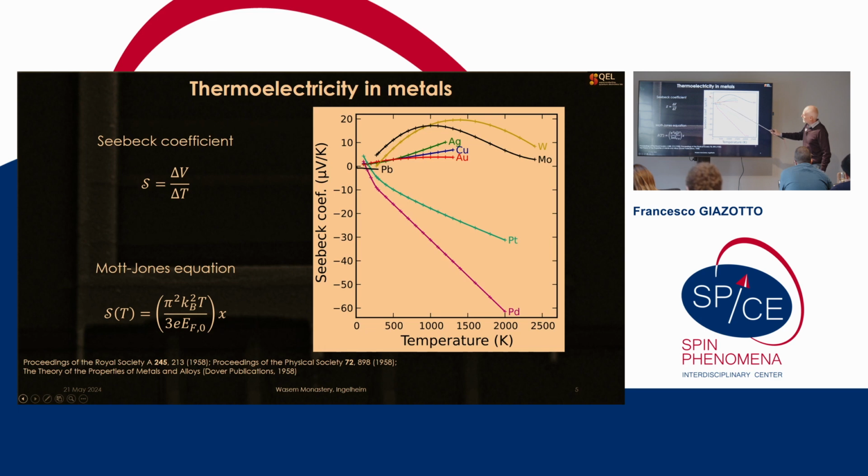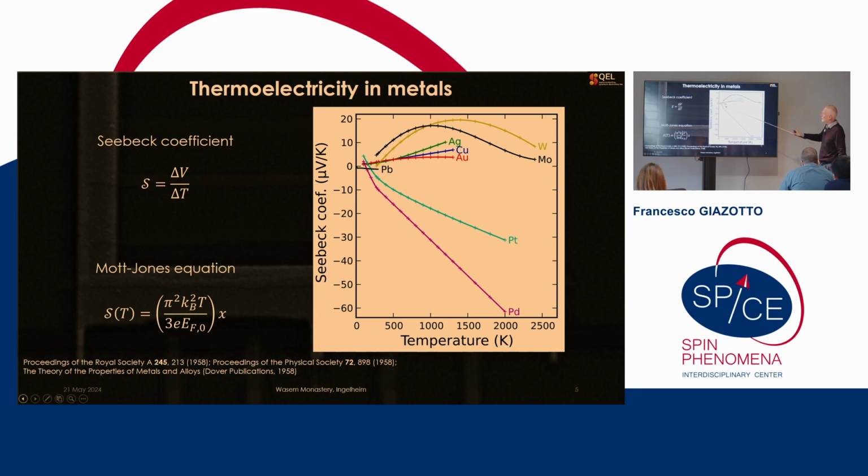If we compare in this graph the Seebeck coefficient in microvolt per Kelvin versus temperature for several elemental metals, we see tungsten, silver, copper, gold, lead, platinum. You see that around room temperature it is of the order of at most microvolt per Kelvin.